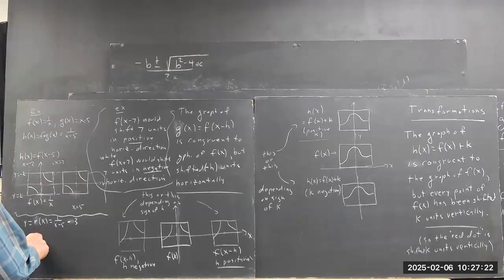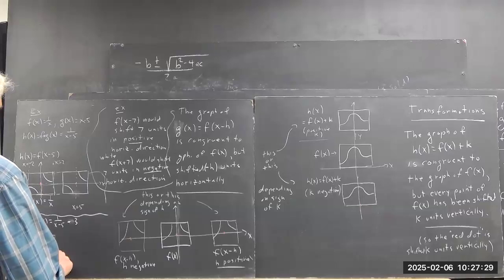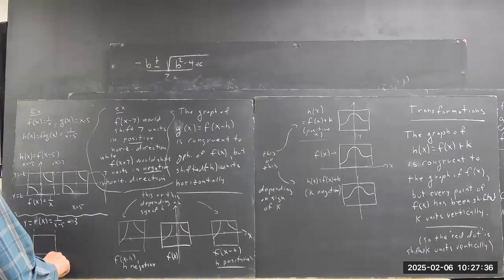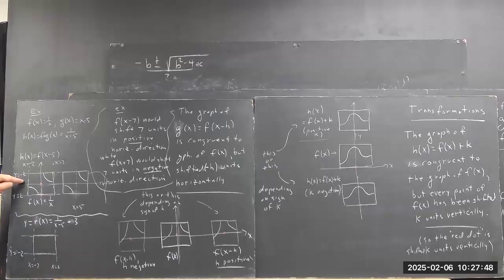So if our window is here, and again, here's x equals -2, here's x equals 2, here's y equals -2. And you see what I did here? I wrote the y equals -2 above the y equals 2.